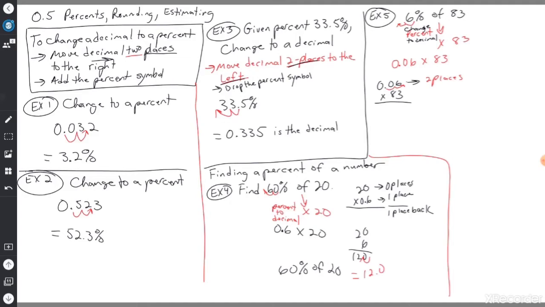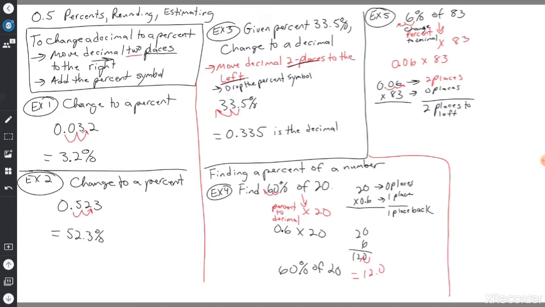And of course, the 83 is a whole number, so that's 0 places. So that means that in the end, after we do our multiplication, we're going to be moving our decimal back two places to the left.